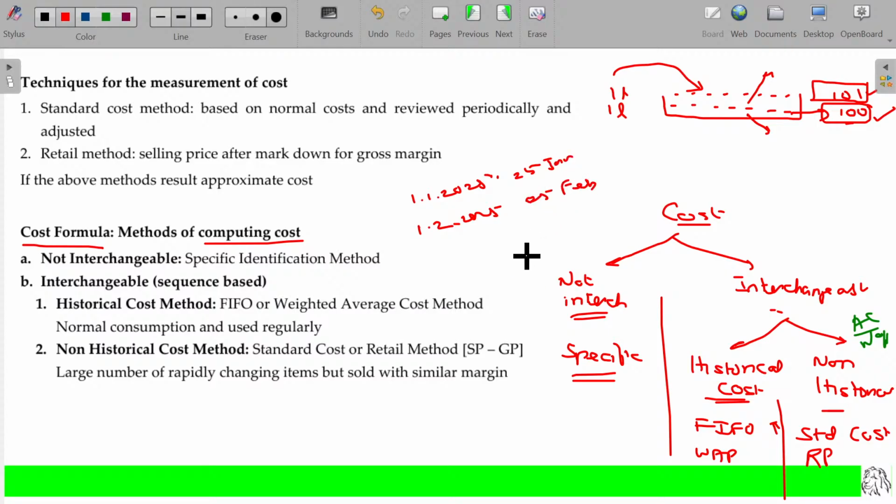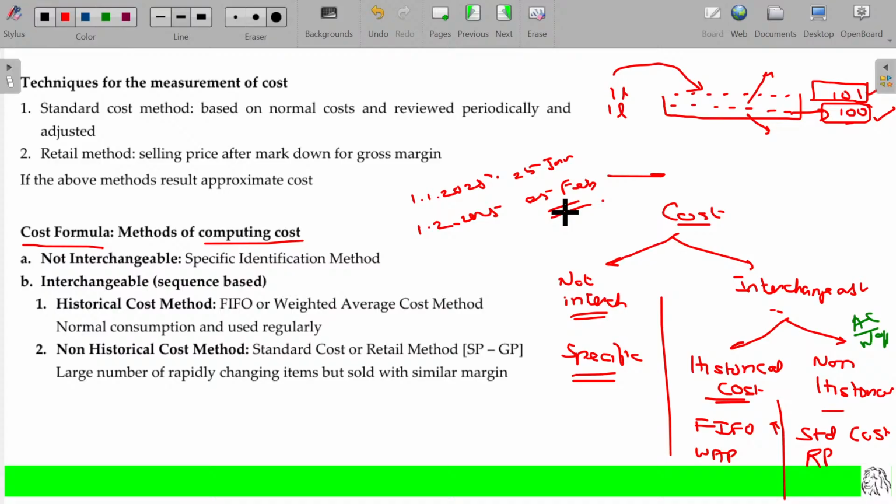Then if I issue product to the customer from here, we can identify this material is the February 25 batch material. It's the new material. Jan 25 material is the old one. So we can recognize this is Jan 25 material, this is February 25 material. While selling the material from the February 25 lot, we have to charge the price for the February 25 lot only. That is called non-interchangeable.